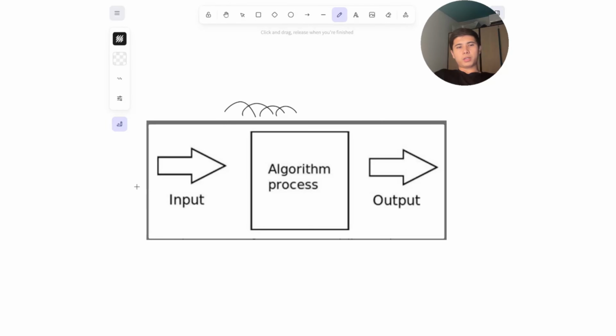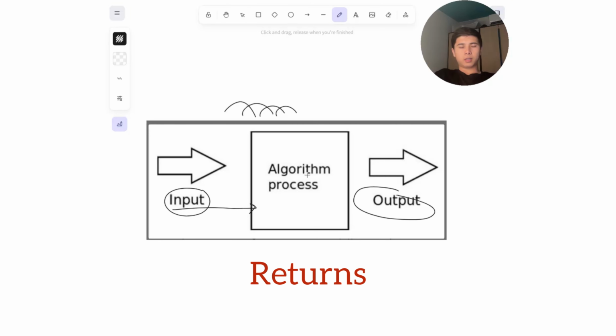In this process, we can see that algorithms receive some kind of information as an input. They perform a sequence of operations, and then finally return some kind of result. And there are two main requirements for an algorithm to work correctly.